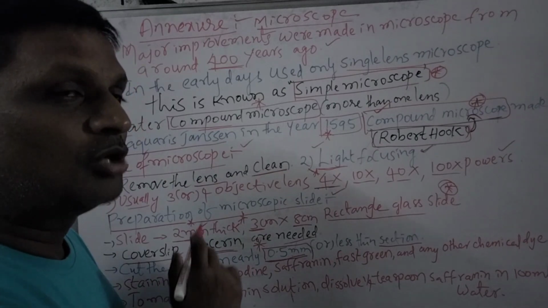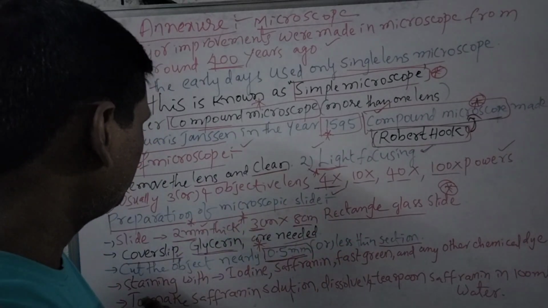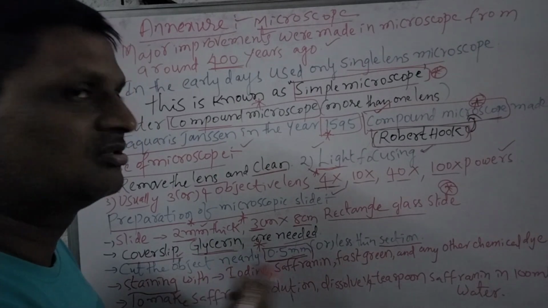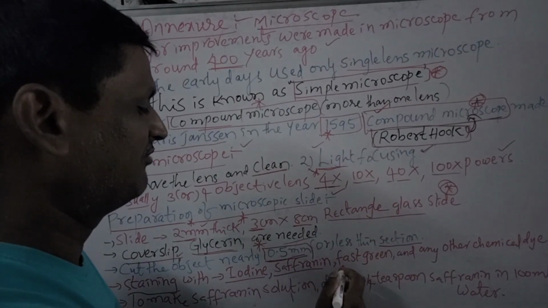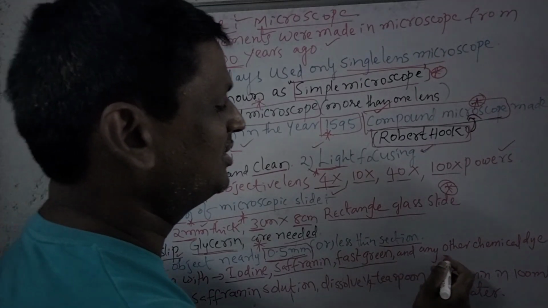Next, to observe clearly, staining is also very important. Staining means coloring. That staining should be done with either iodine or saffron or fast green or any other chemical dyes.